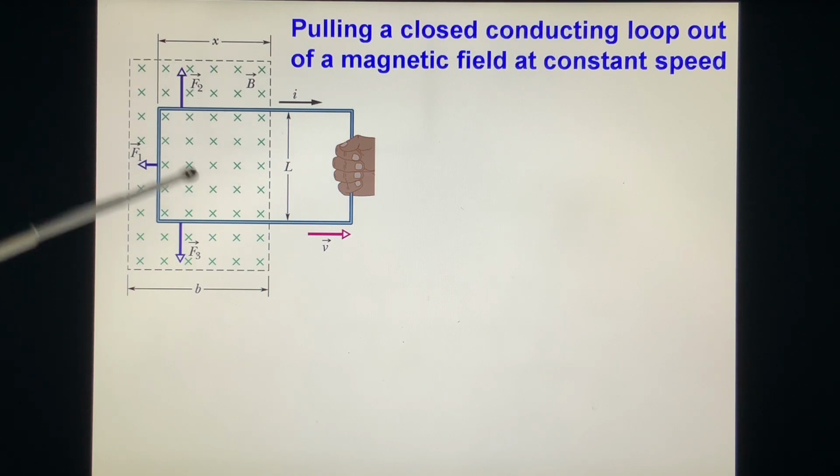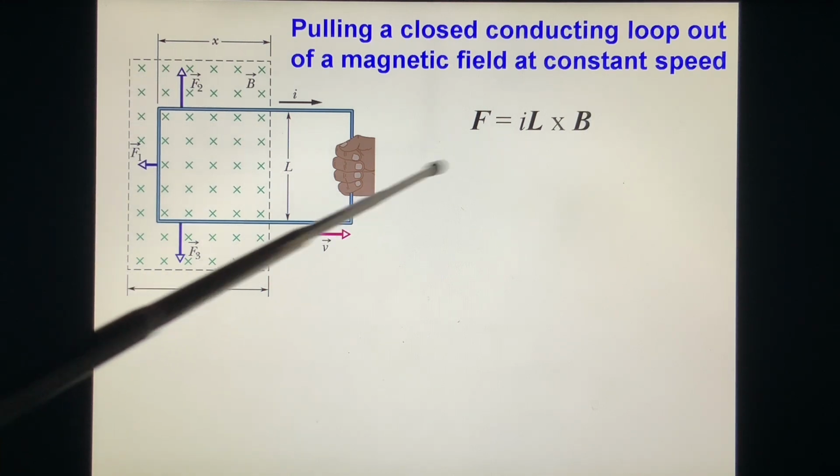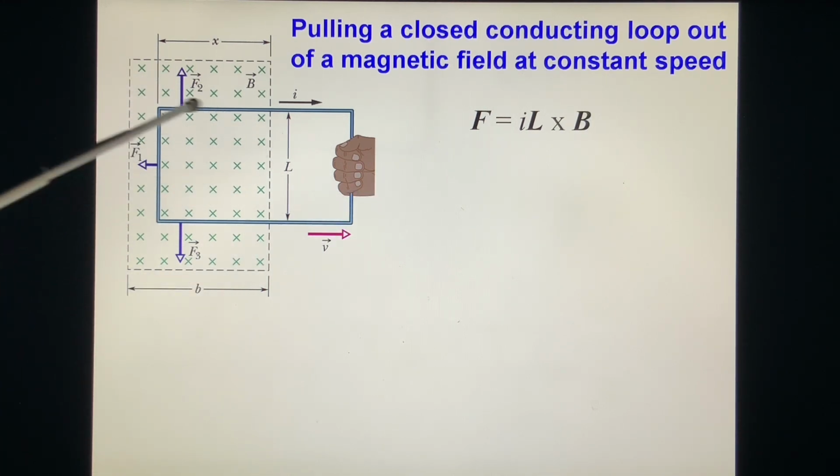So the area inside the field is getting smaller and smaller as we pull it out. Since you pull it out, the flux through this area is getting smaller and smaller, right? And so anyway, there is an induced current inside this loop.